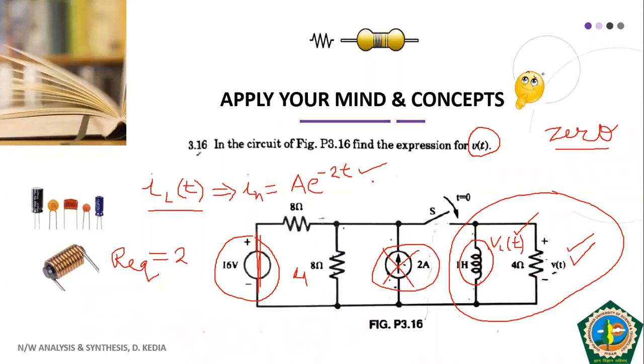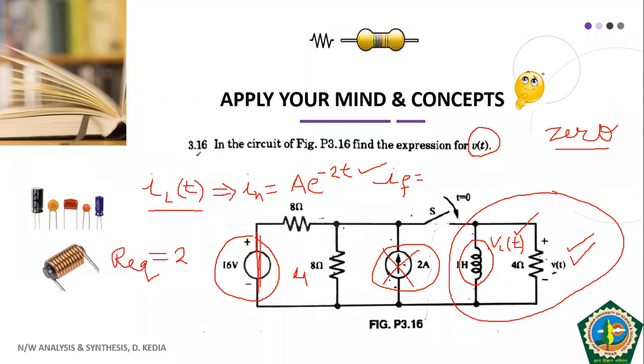Now we need to find out the forced response, that is IF. So once the switch has been closed for a long time, the inductor will behave like a short circuit. So if it is a short circuit, then there will be no current through this 4 ohm resistance, because this inductor is a short.